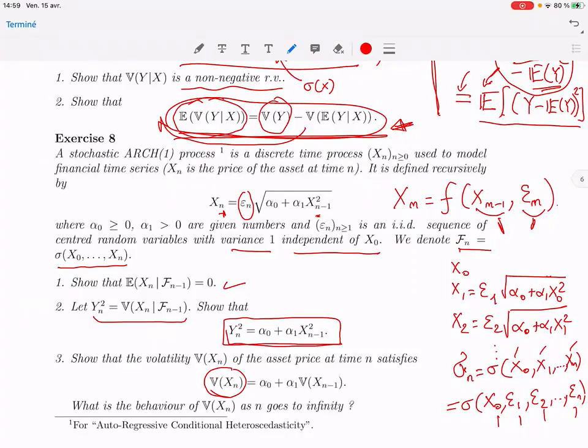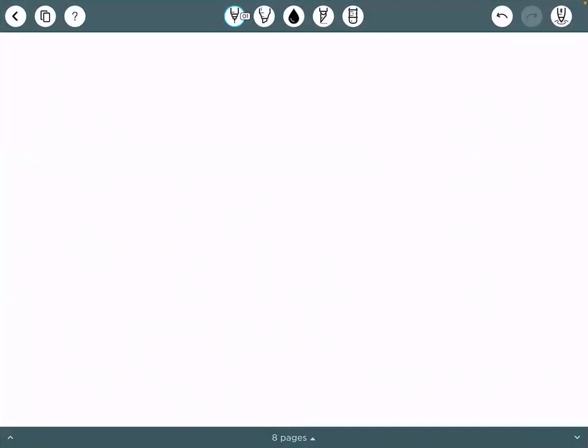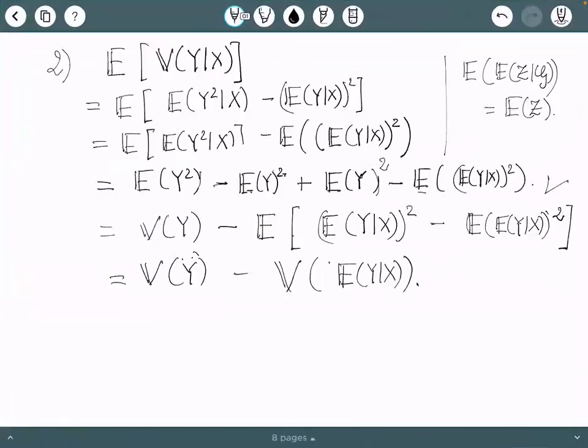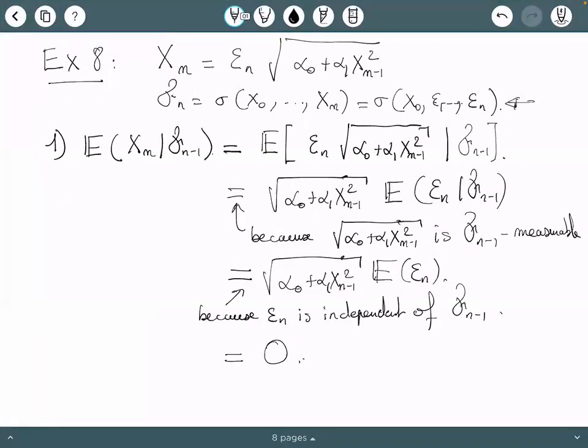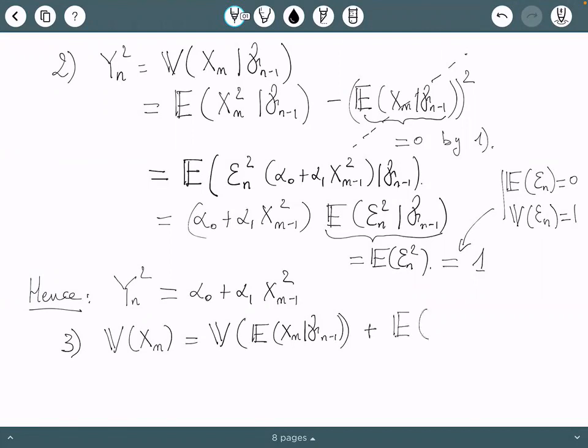So if I use that, see what we did just before. We have this expectation, which is 0, this relation. And now we know that the variance of xn is the variance of the conditional expectation plus the expectation of the conditional variance.